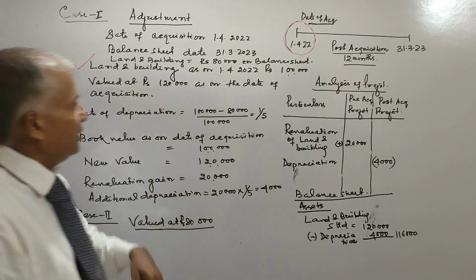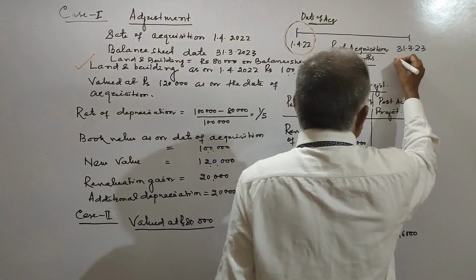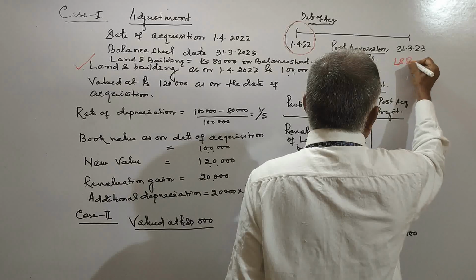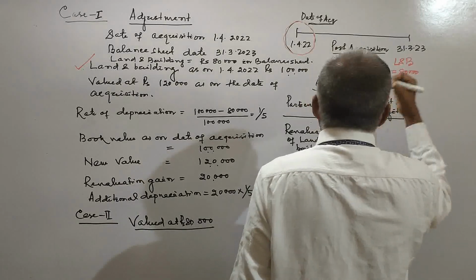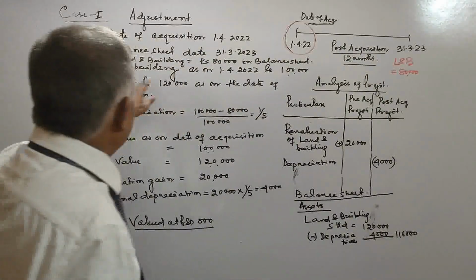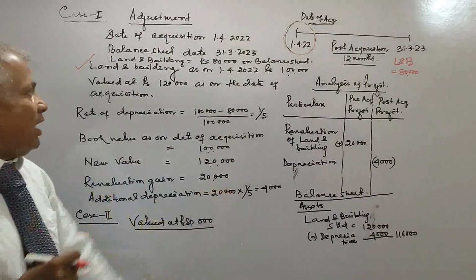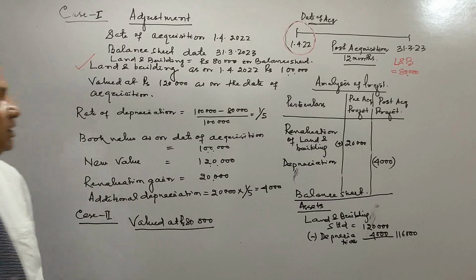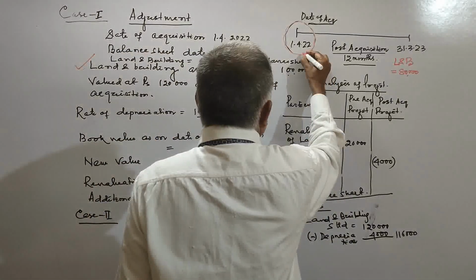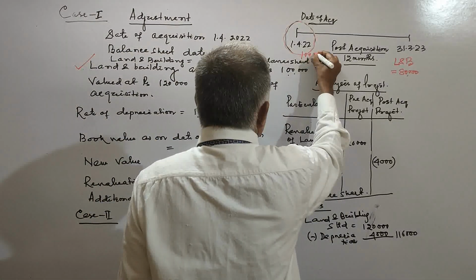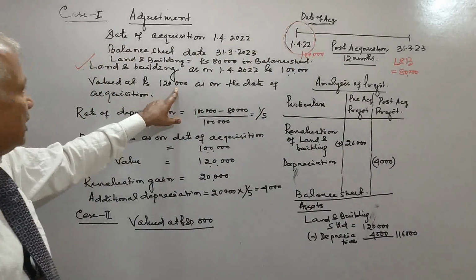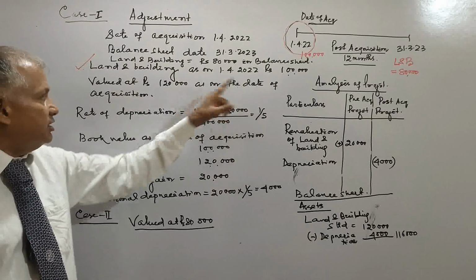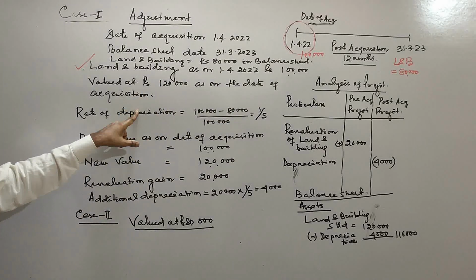Land and building as on 1/4/22, that is the beginning of the year, was 1 lakh, valued at 1,20,000 as on the date of acquisition.